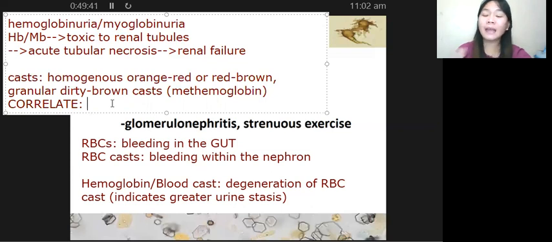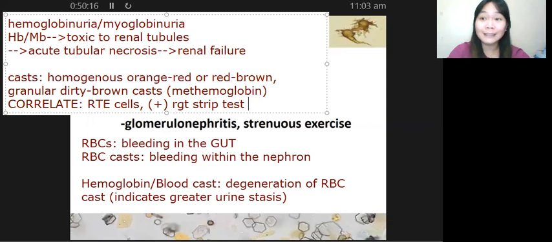Tama? Okay. And so, aside from the casts na nakita mo to be homogeneous orange-red or red-brown or granular dirty brown, ano ang isa pa na pwede mong tignan? You look for the presence of your RTE cells. So, kung merong RTE cells and in the reagent strip testing, it yielded a positive result for blood.